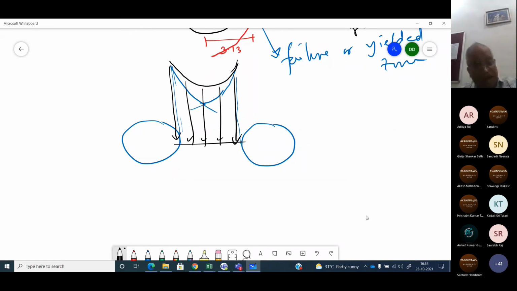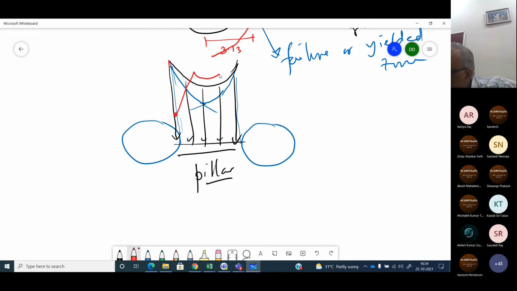Okay. But now if you consider that this pillar here, this is the pillar, is going to fail due to Mohr Coulomb, then it will not take this much stress. It will come down somewhere around here and it will go like this. So the stress will be something like that.